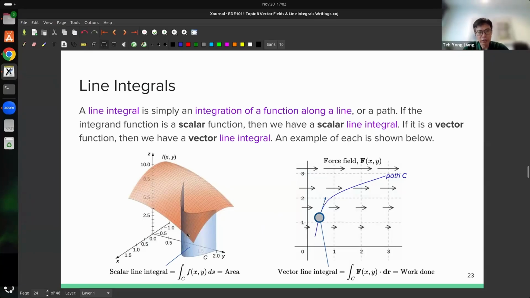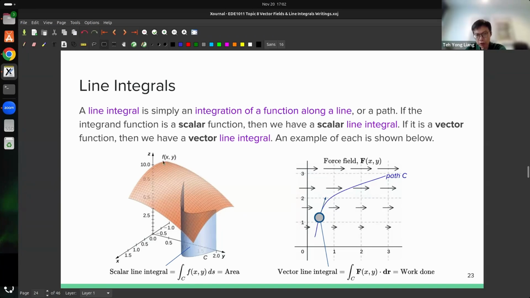A scalar line integral is an integral of a function along some line or path. More generally, the line may not be a straight line; it can be a curve. The scalar line integral is the integral of some function f.